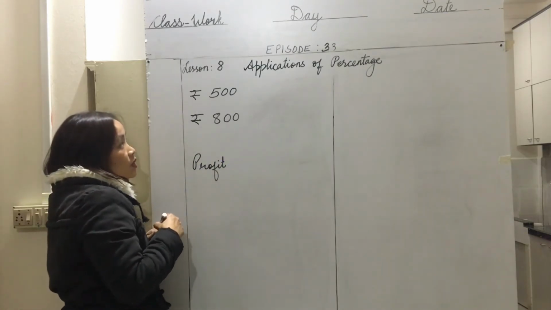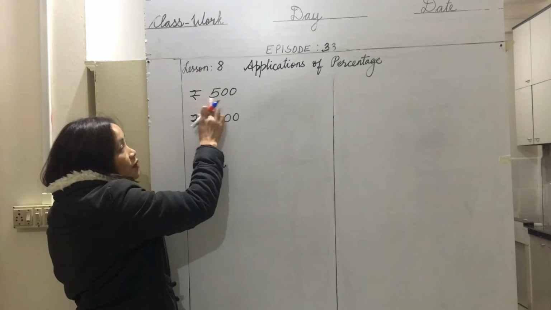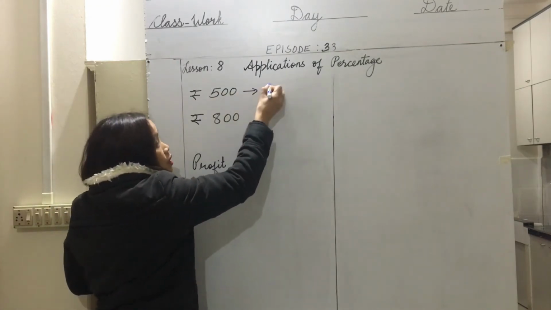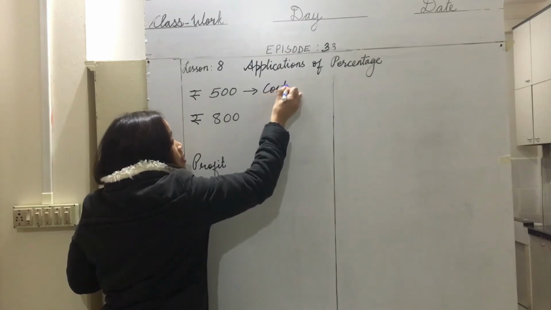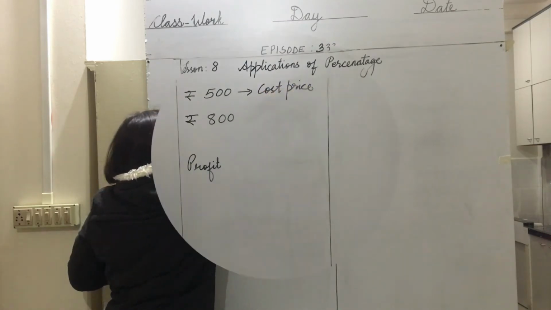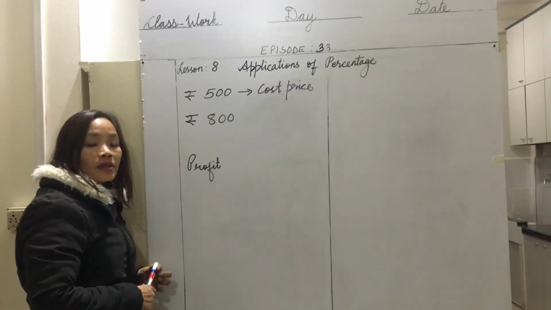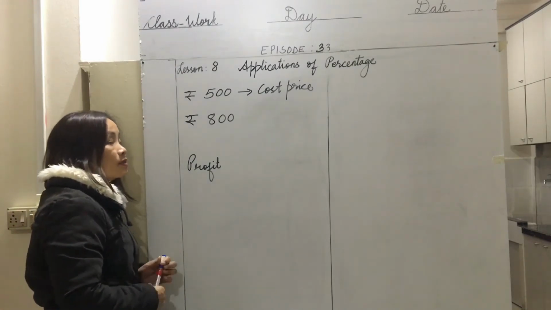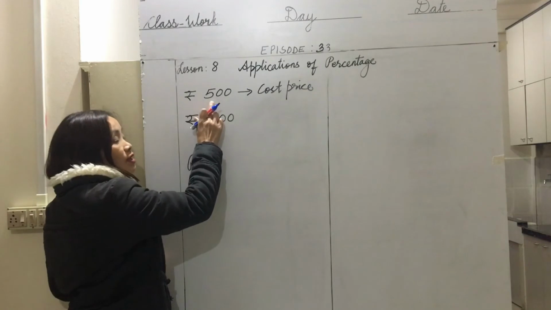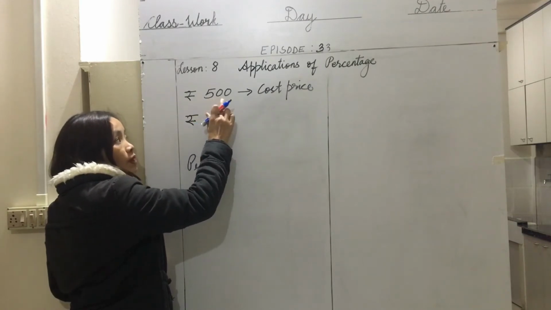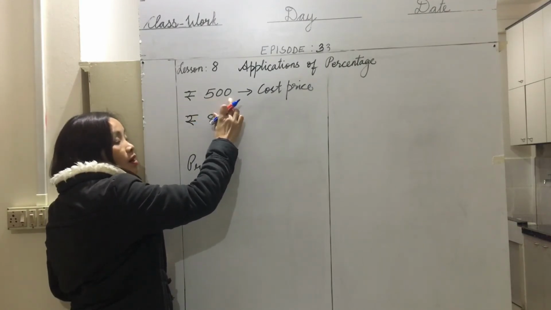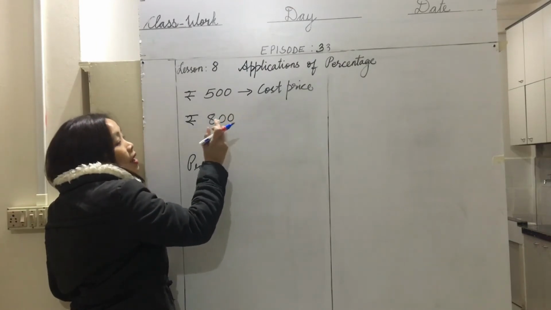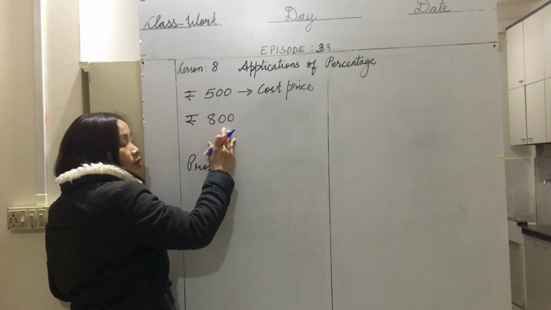Then when we deal with this, since he spent 500 on that chair, this is called cost price. Cost price is the sum of money spent on the item, right? He spent 500 for the materials, so 500 is the cost price, and he sold it for 800 rupees.